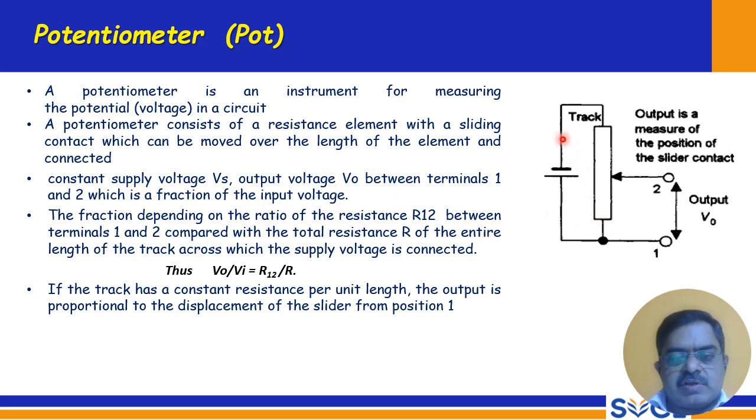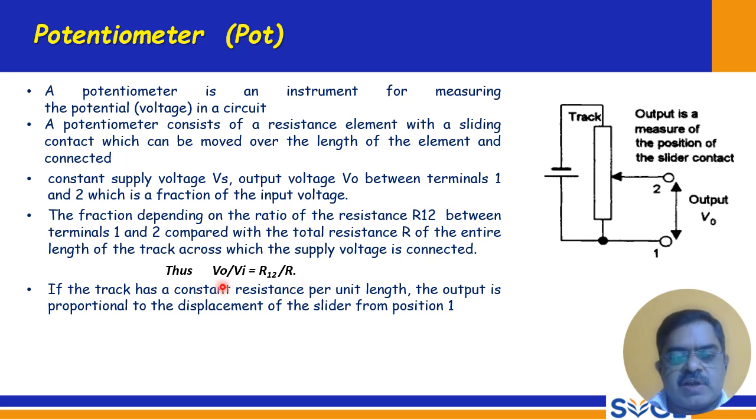So here whatever you are giving as Vs, that is supply voltage, you are taking out a fraction from these two terminals 1 and 2. The fraction depends on the ratio of the resistance between terminals 1 and 2 compared with the total resistance R of the entire length of the track across which the supply voltage is connected.